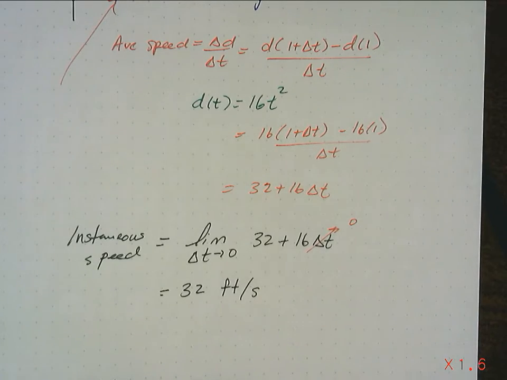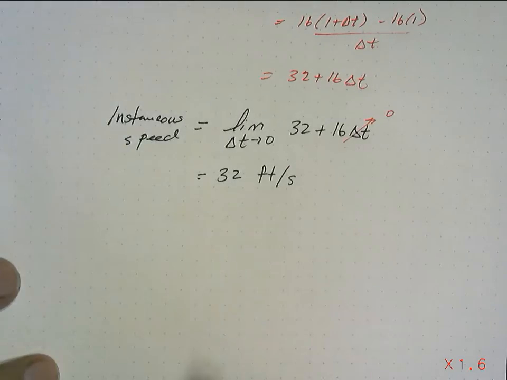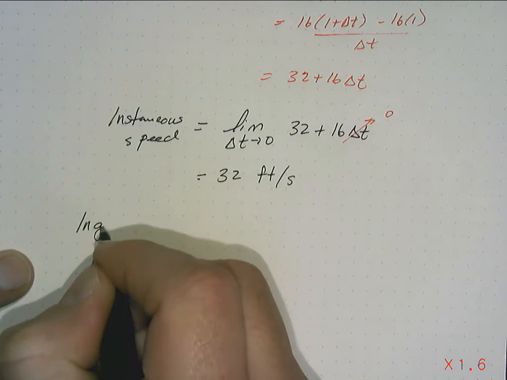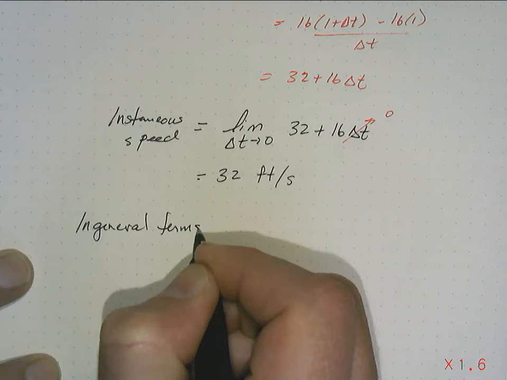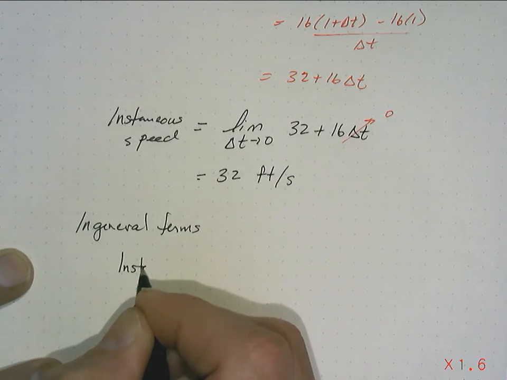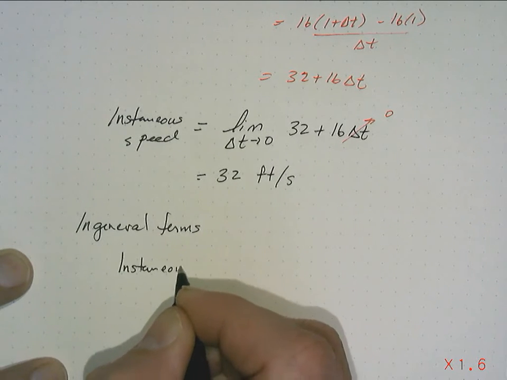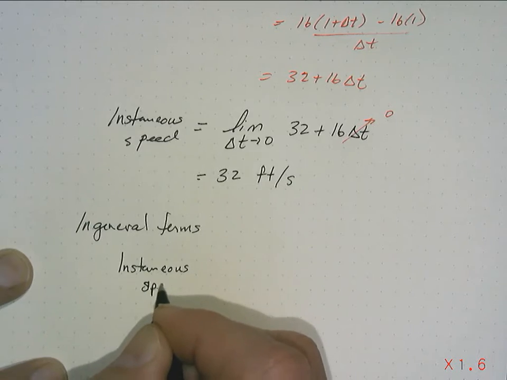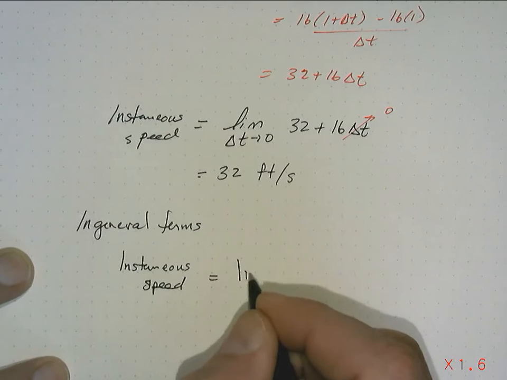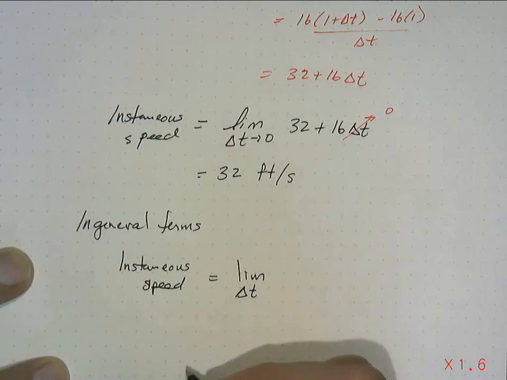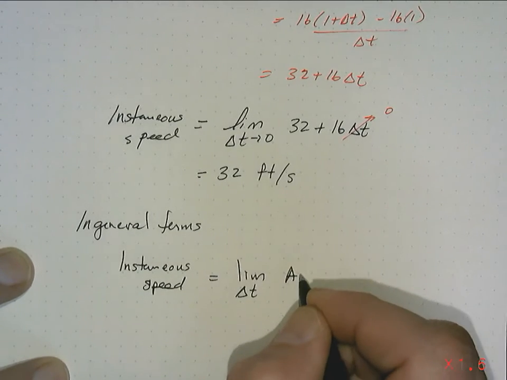That is cool. And to put this in general terms, we can say that the instantaneous speed is equal to the limit as delta t approaches 0 of the average speed.